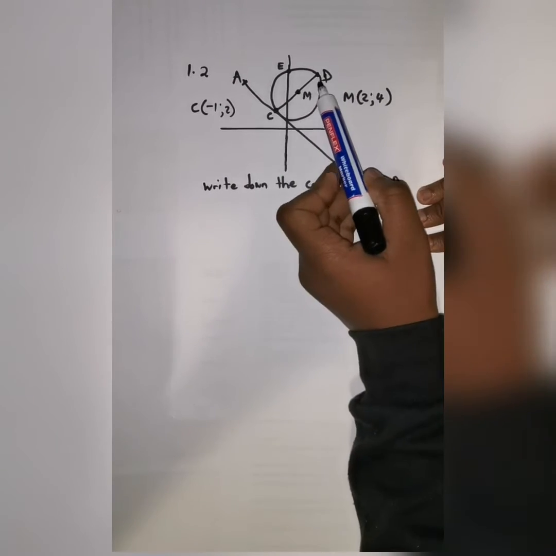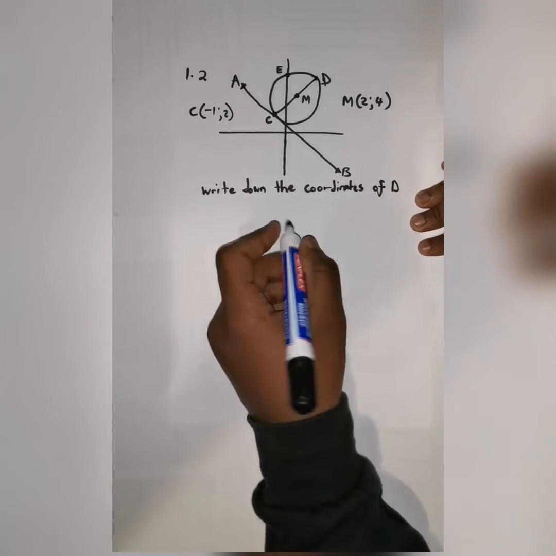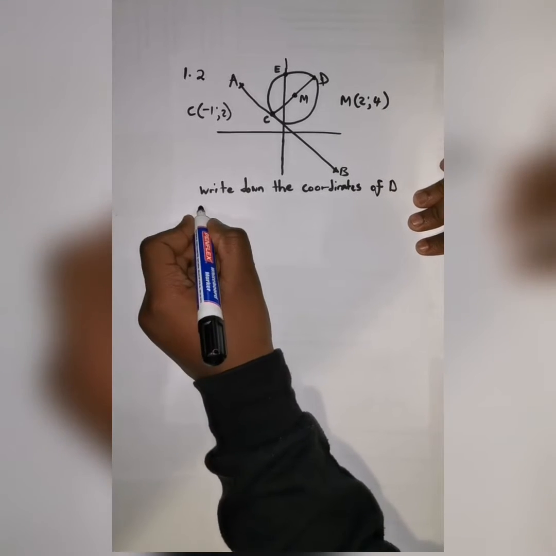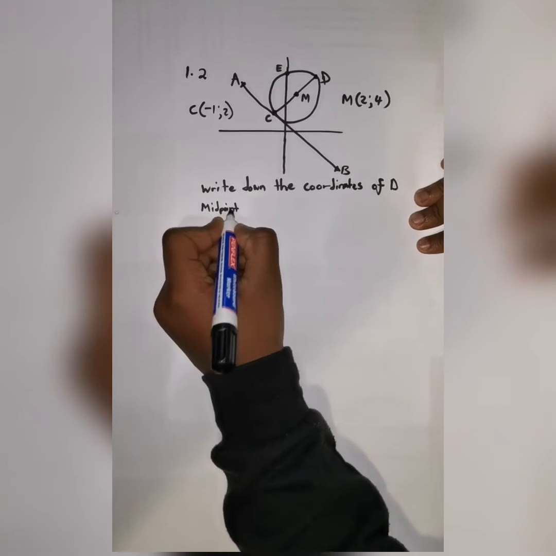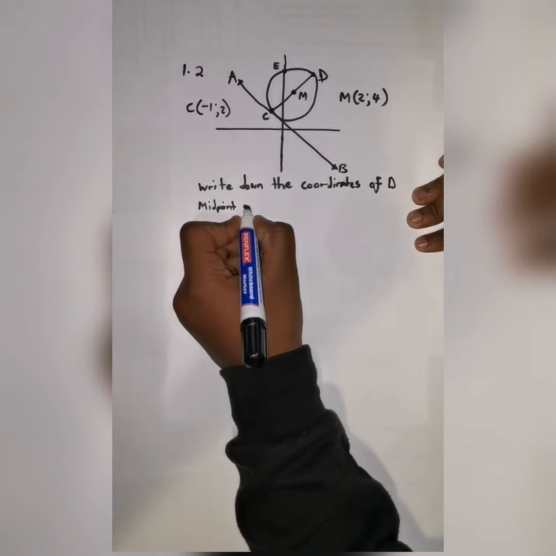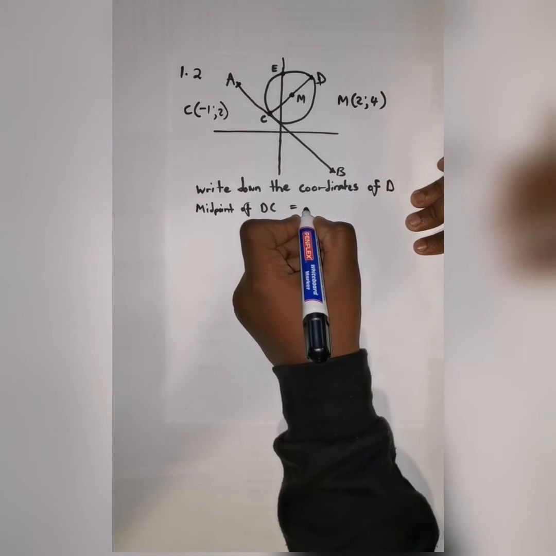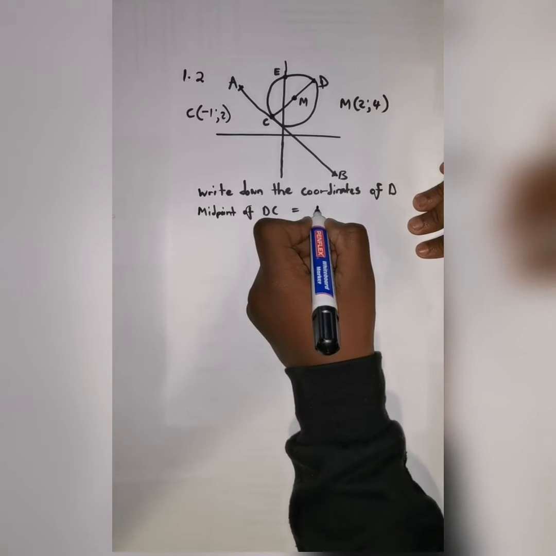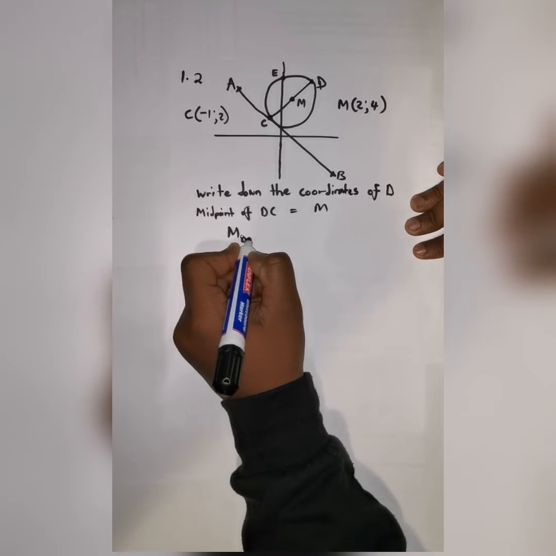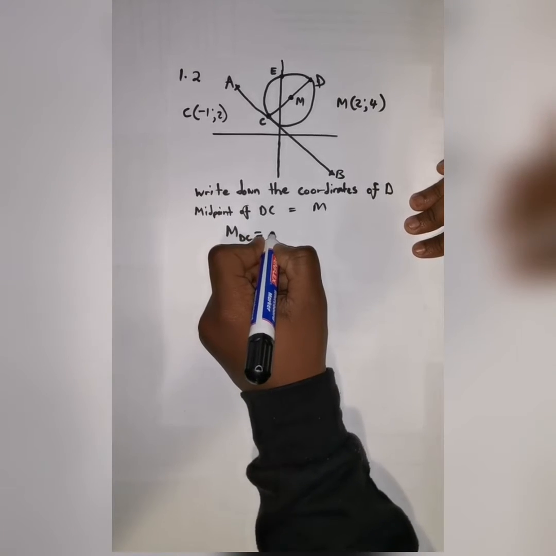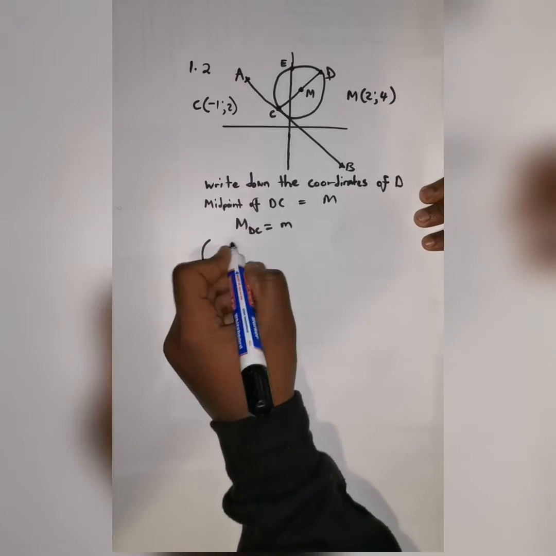So we can determine point D using the midpoint theorem. The midpoint of DC is point M.